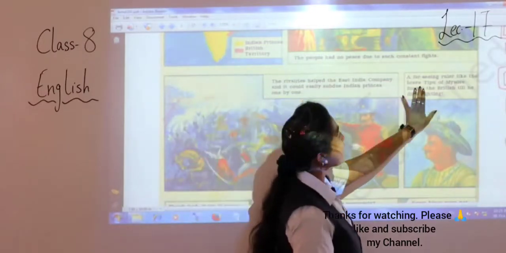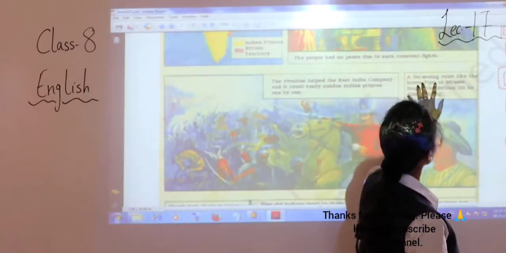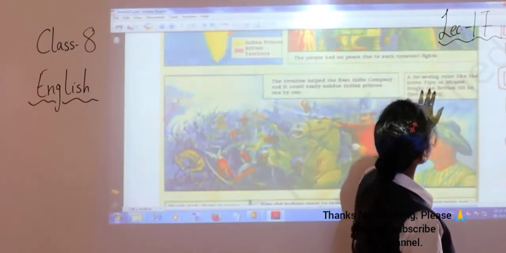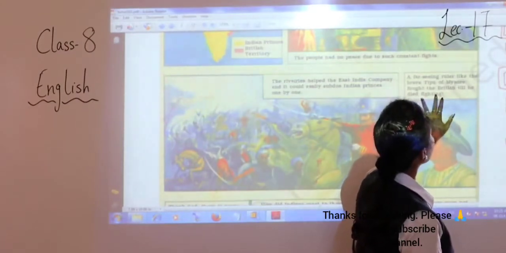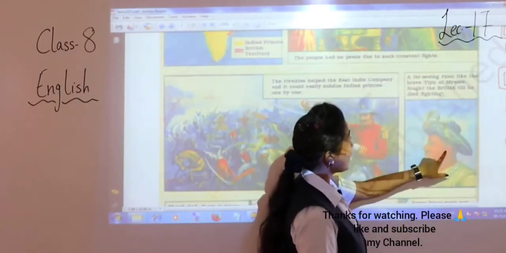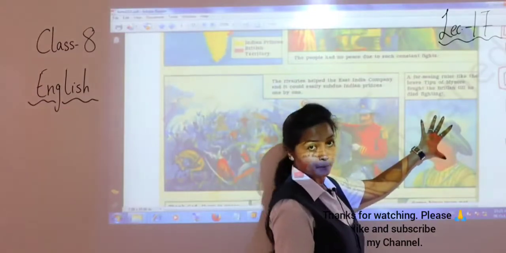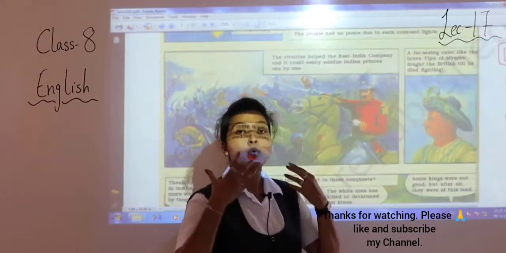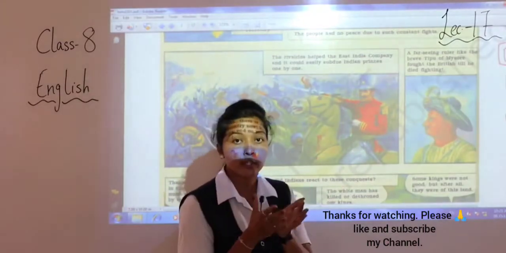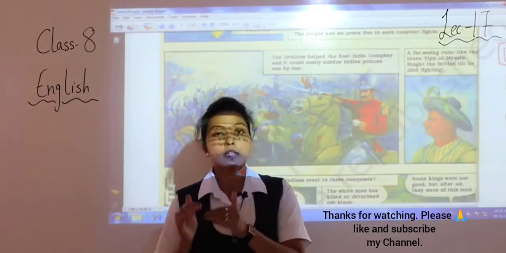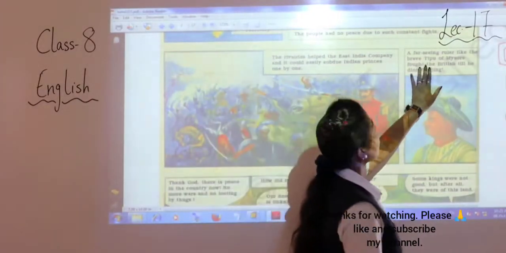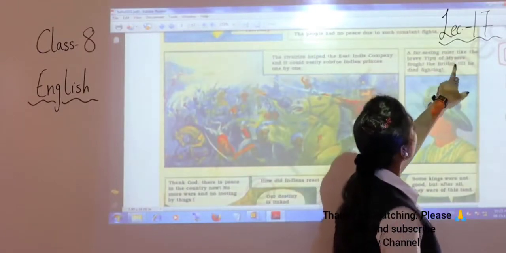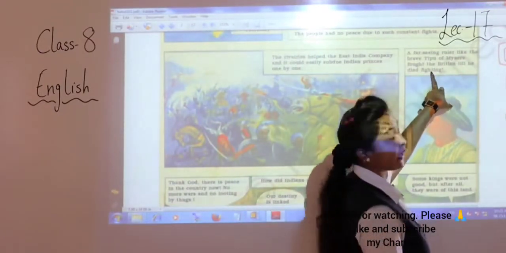A far-seeing ruler like the brave Tipu of Mysore fought the British till he died fighting. Far-seeing means one who can see the future and is aware of the situation.